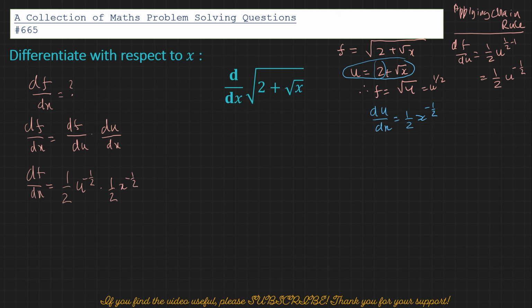That will give me 1 out of 4 times u to the power minus half times x to the power minus half.